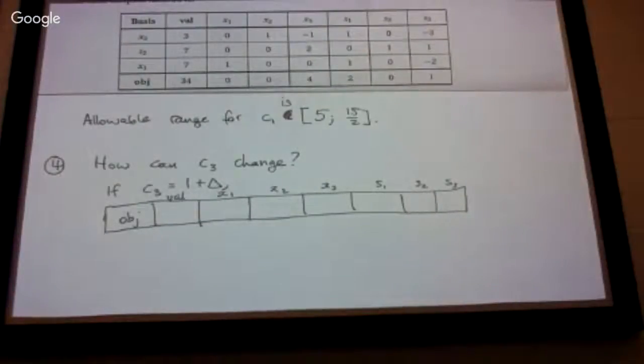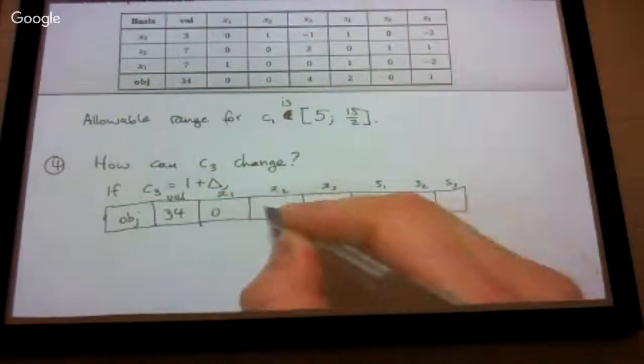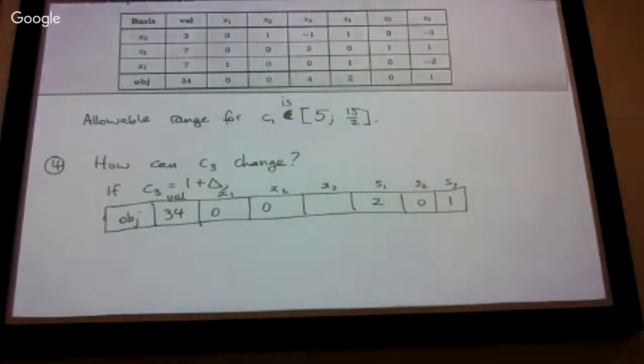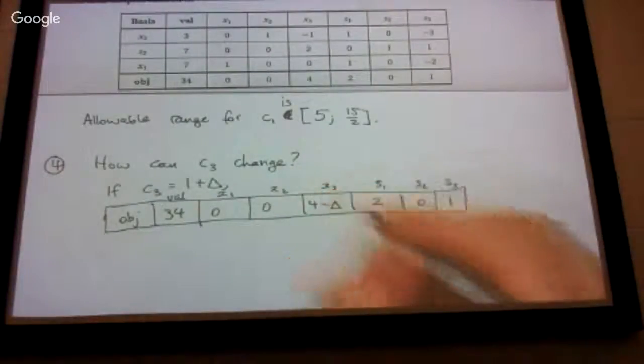So what's going to happen is we get 34, 0, 0 here, and 2, 0, 1, just like before. And here we get 4 minus delta.